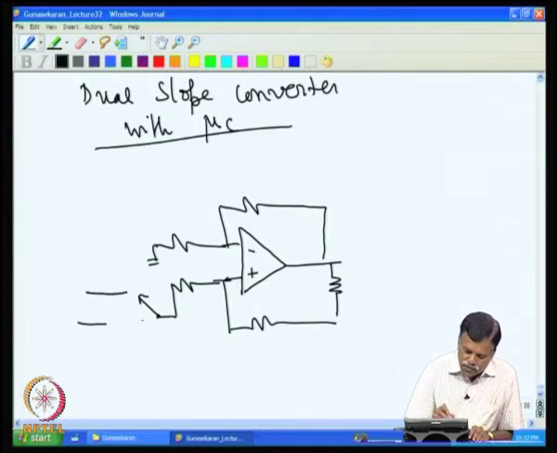We can have two possibilities, either it can make contact here or here. One can be given V input, another can be given minus V reference.